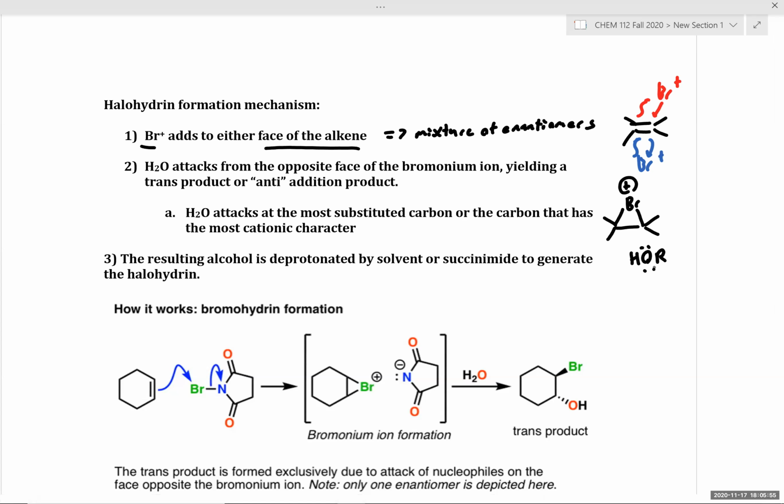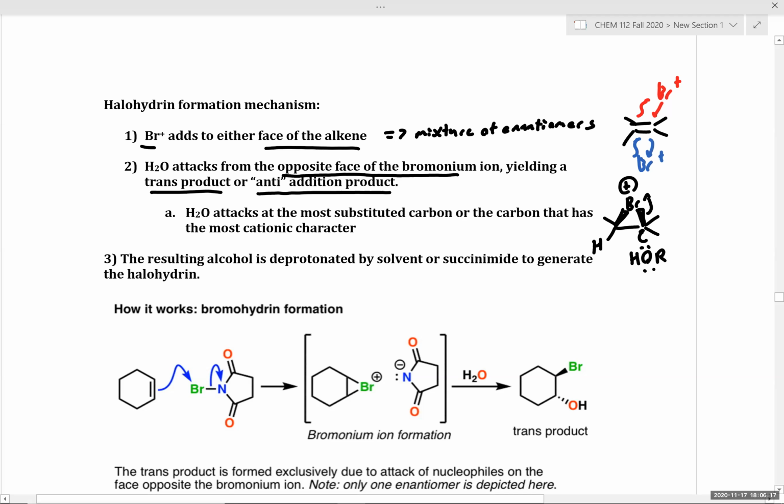This attack occurs from the opposite face of the bromonium ion, and as a result, you end up with a trans product or an anti-addition product. That's important. So the stereochemical outcome is the same as in dibromination.